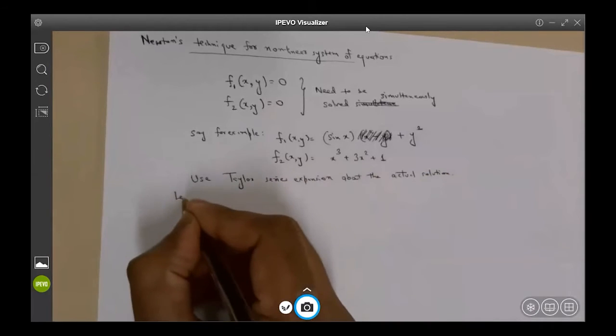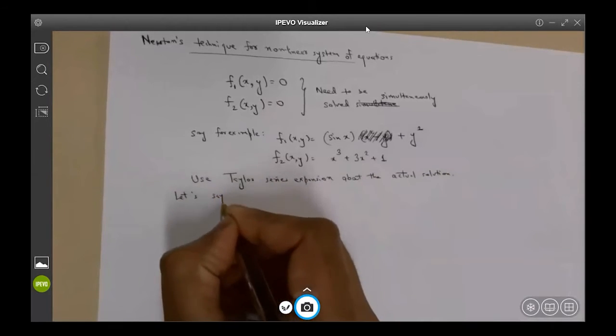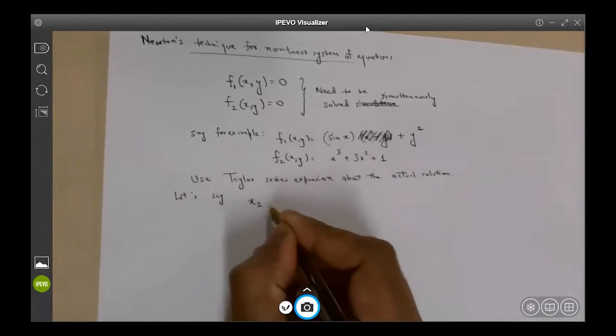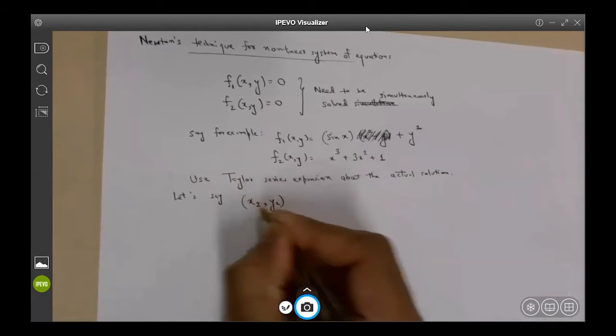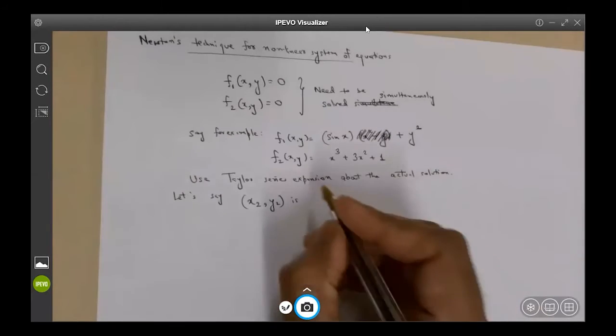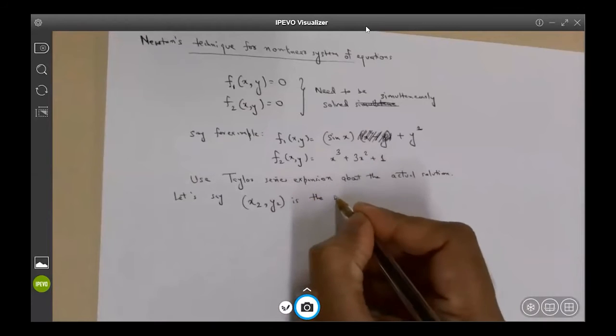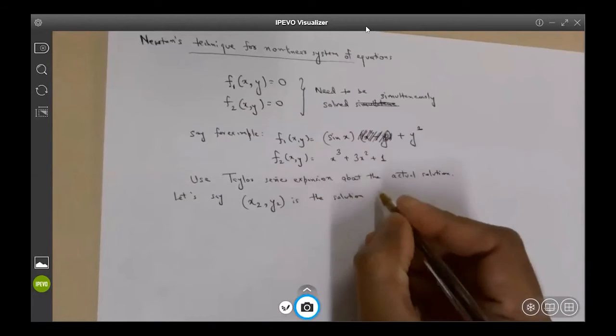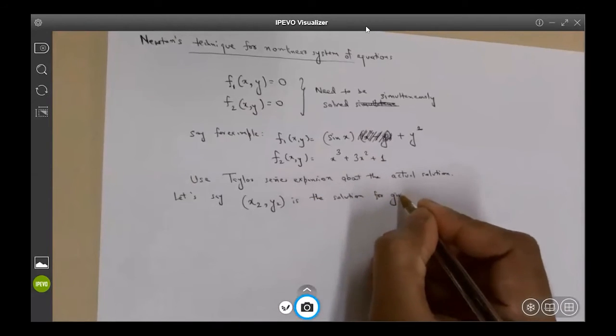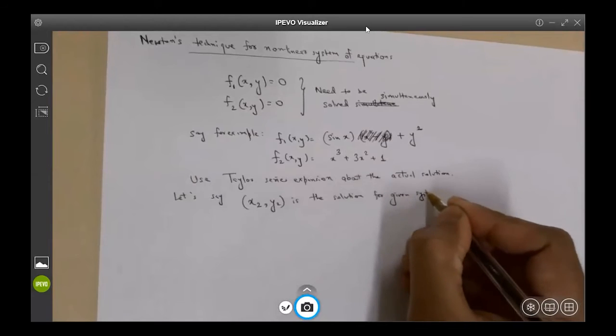So let's say x2, y2 is the solution for the given system of equations.